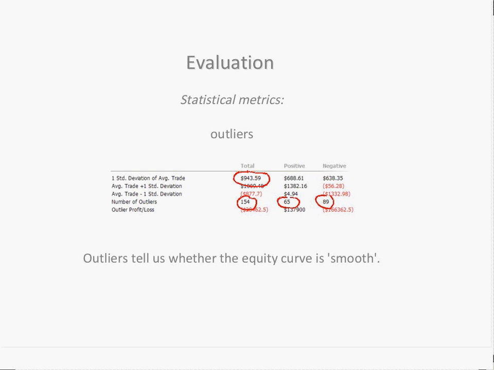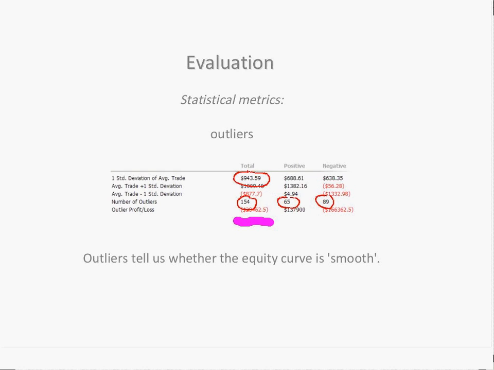What makes our initial strategy, unfortunately, not that good is that the outlier profit and loss, the total, is negative. So we still do not have a statistical advantage in our strategy that leads us to profits. Unfortunately, the trades lead us to losses.